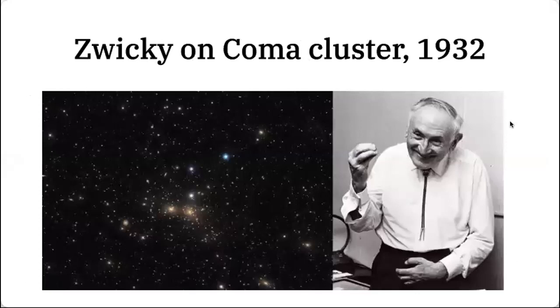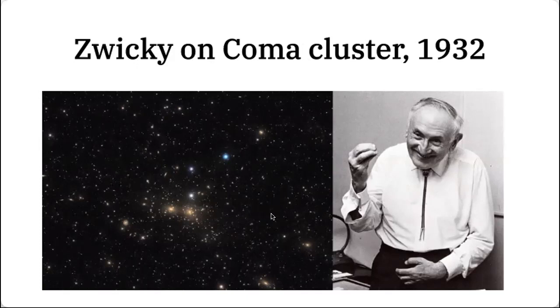Historically, the idea of dark matter was first conceived by Zwicky in 1932. What's shown here on the left-hand side is the Coma cluster, a bundling of many galaxies. Essentially, all the dots that you see here are clustered galaxies, and those galaxies are clustered together in this part of the sky.